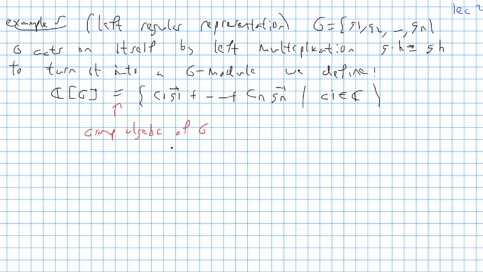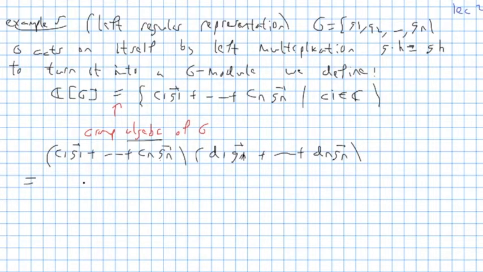So this is the group algebra, and why do we call it an algebra? Because the multiplication of these elements is well defined. If you have an element of this group algebra, c1 g1 plus ... plus cn gn, and you have another element d1 g1 plus ... plus dn gn, we know how to multiply this.